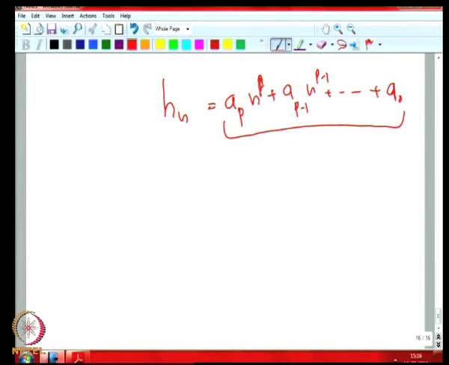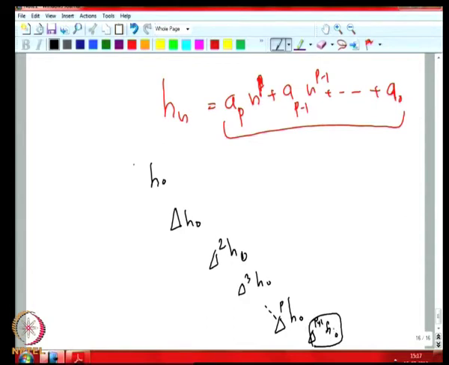Of degree p, say, then we have seen that if you look at this sequence of numbers, namely h0, delta h0, delta square h0, delta cube h0, this will go up to delta p h0, but delta p plus 1 h0 onwards we are going to have zeros. This is going to be 0. Why? Because I know the p plus 1th row is going to be 0.